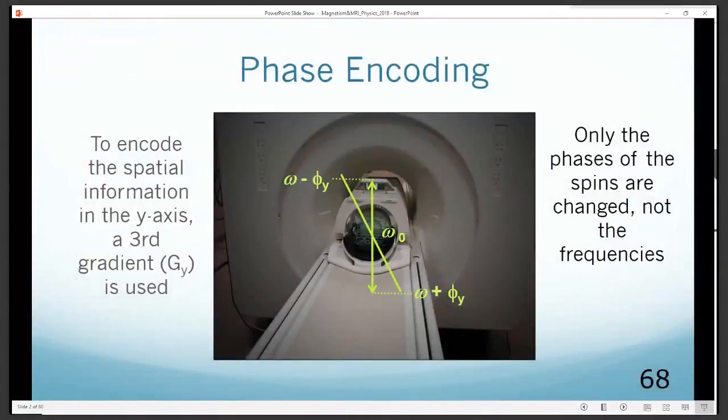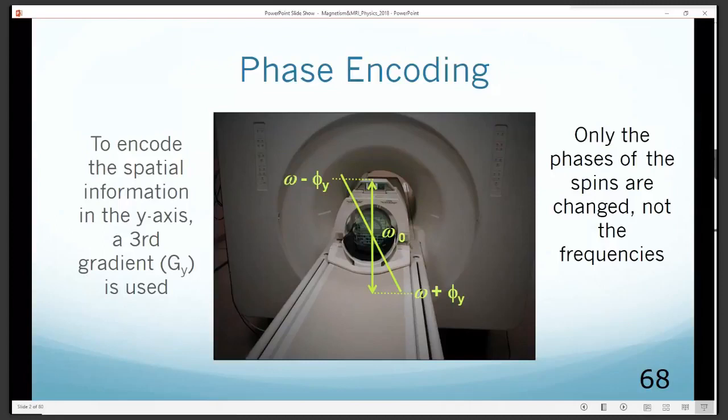The third process is phase encoding. It requires a little more explanation. Phase encoding goes on after you've given the radio frequency excitation pulse, but before you acquire the data or digitize it. And phase encoding is also different because you only get to phase encode one signal at a time.